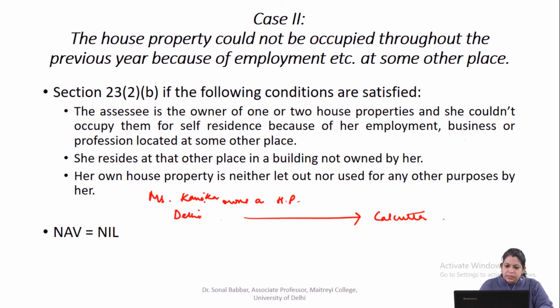The assessee is the owner of 1 property or 2 house properties and she could not occupy them for self-residence because of her business. She resides at that other place in Calcutta in a building which is not owned by her. So she is residing in a rented accommodation there.